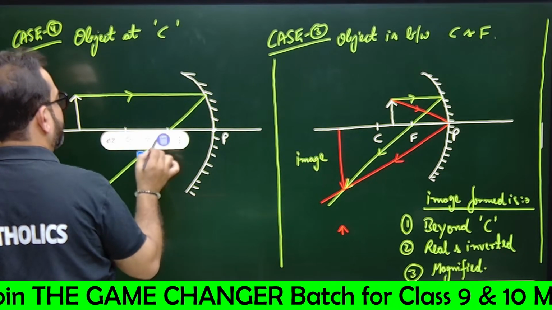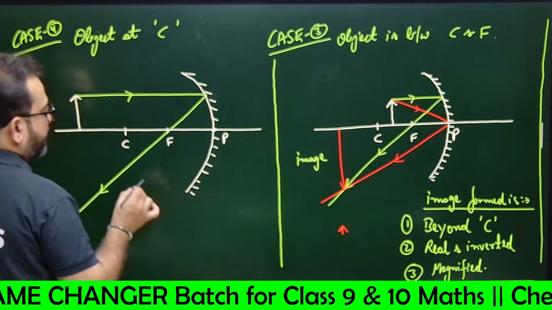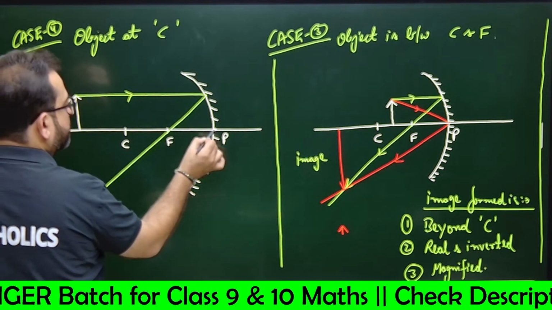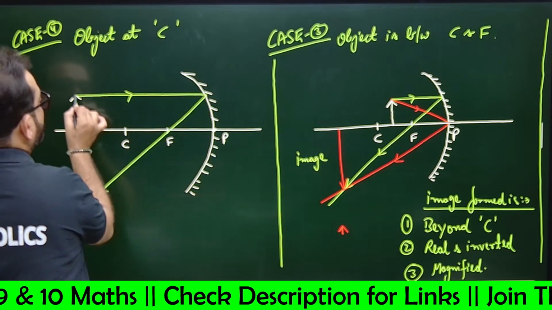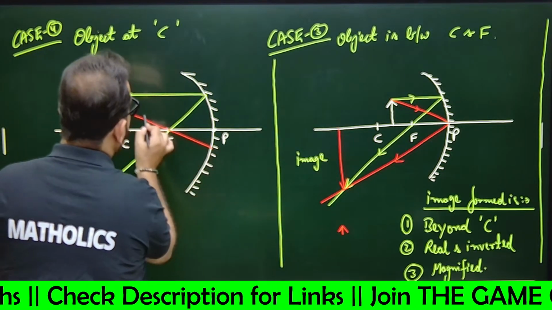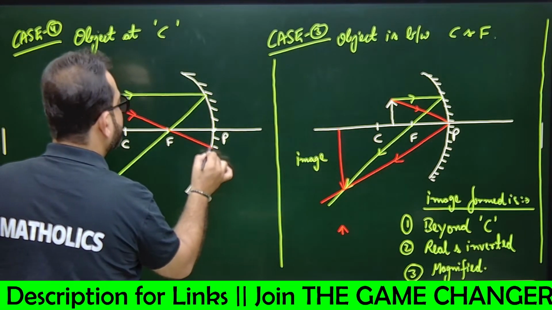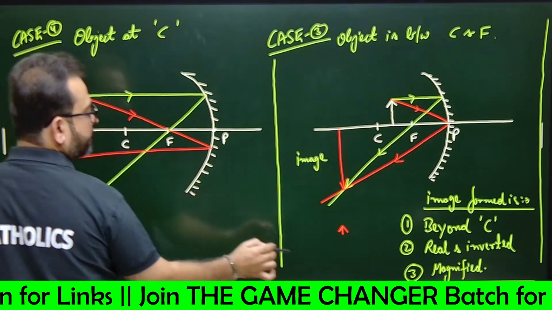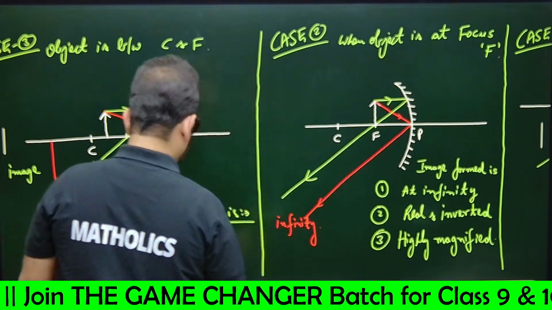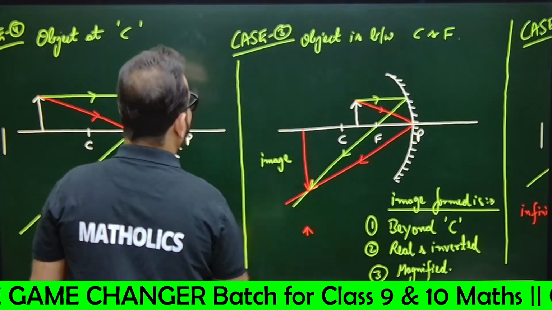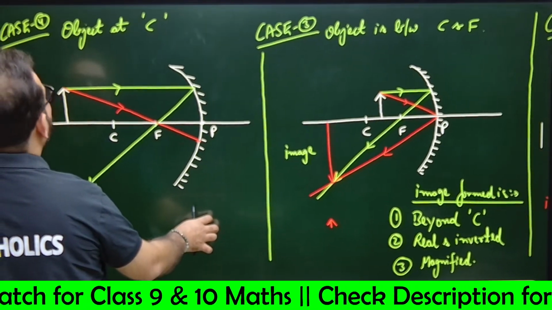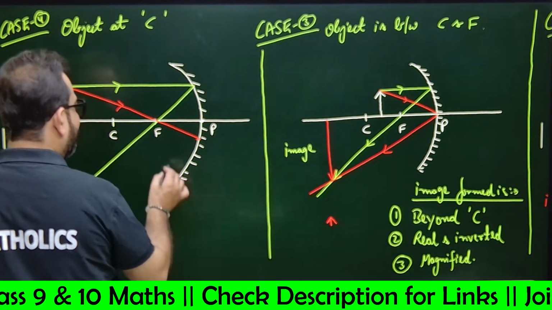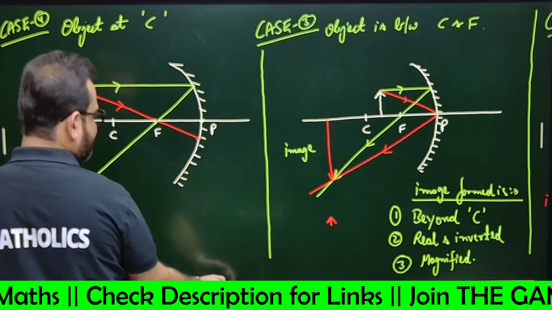Okay, we'll make it again. The ray of light will go to the pole, it will come back at the same angle, or it will go through the focus and be reflected back in a direction which is parallel to the axis.